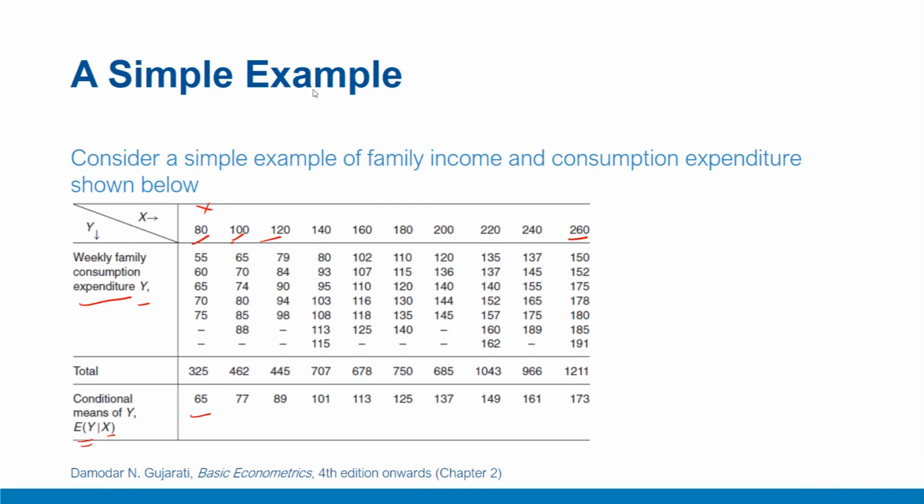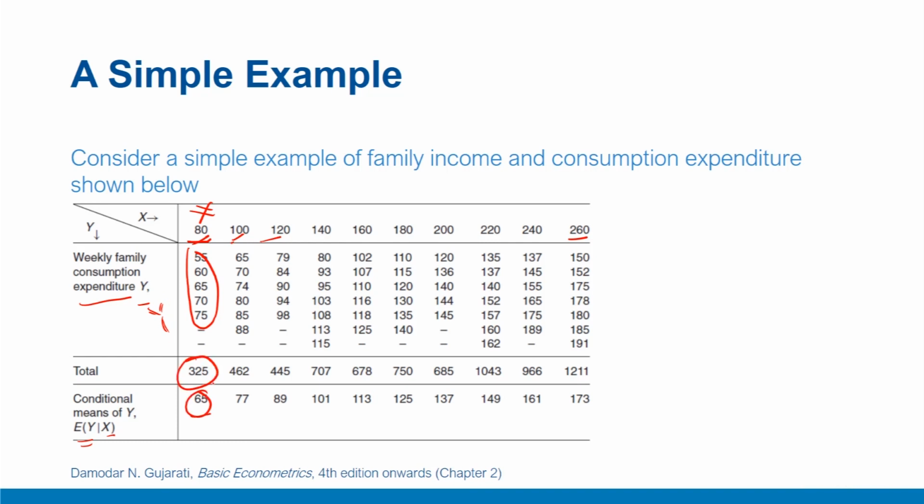For example, consider an income level of 80. Corresponding to this income level, a set of family weekly consumption expenditures, that means Y's, are provided. So for this given level of X, the corresponding Y's are provided. The summation of these Y's is 325 and their mean is 65.